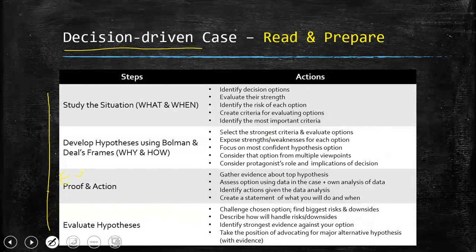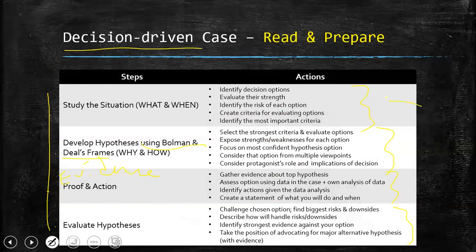Remember, proof is just another word for evidence and what sort of actions might come from that. And you want to be able to evaluate your hypotheses that you came up with using Bolman and Deal's 4 frames. Some of the actions that you can take are listed over here on the right. I would take a close look at those because those will help you understand what you're doing in each of these steps.